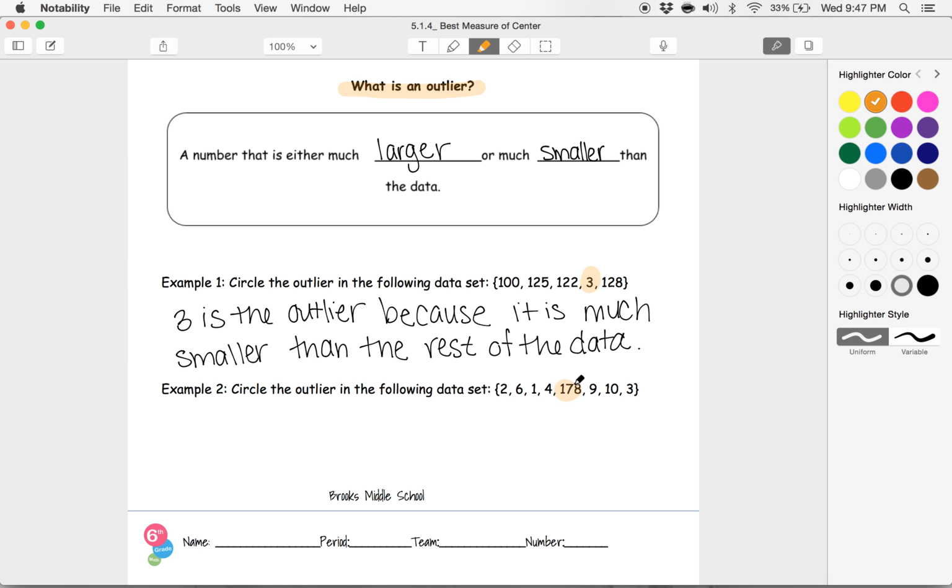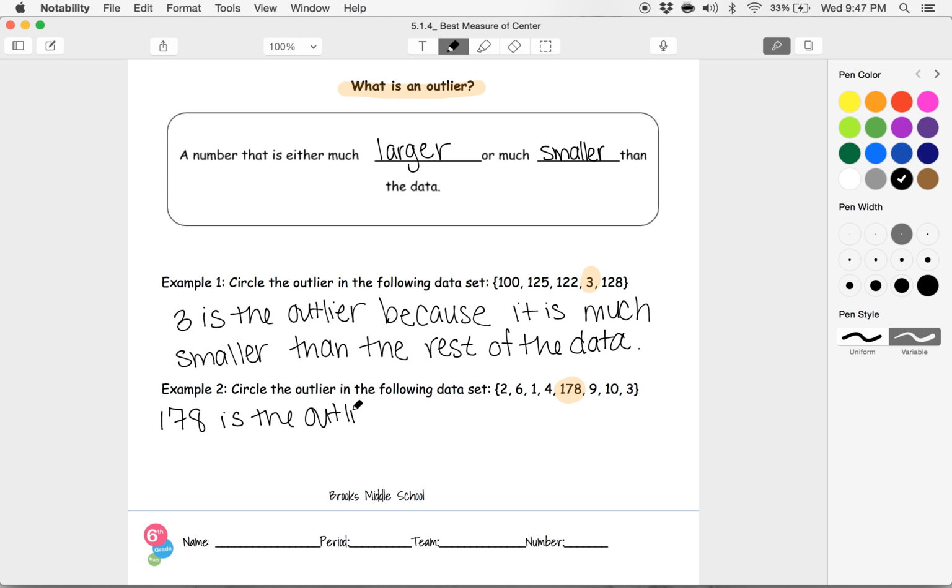In this case, 178 is my outlier. 178 is the outlier because it is much larger than the rest of the data.